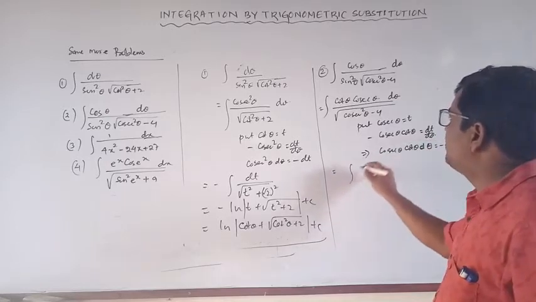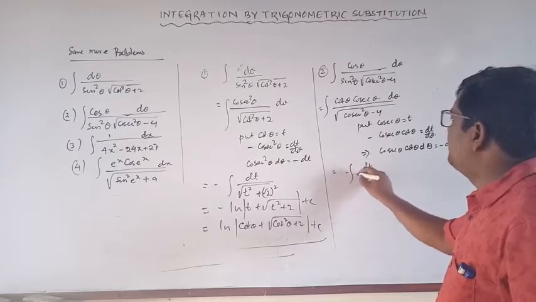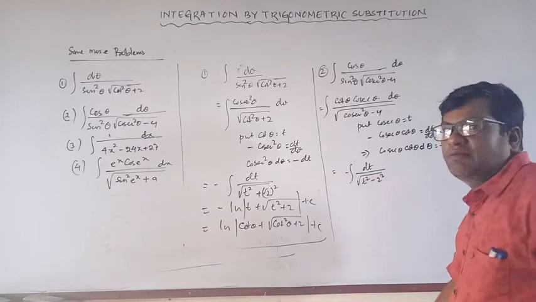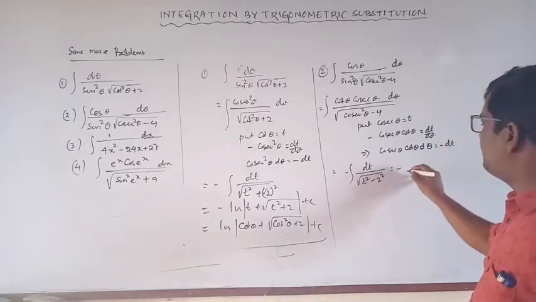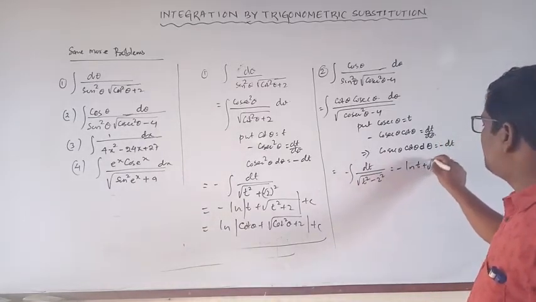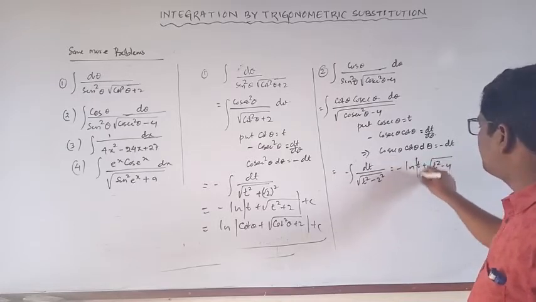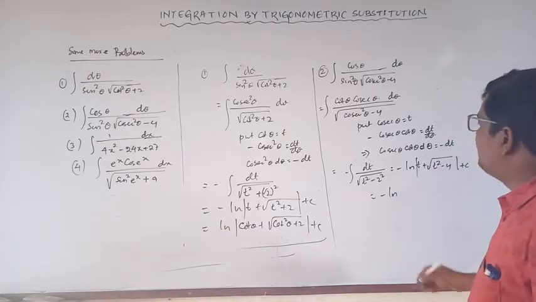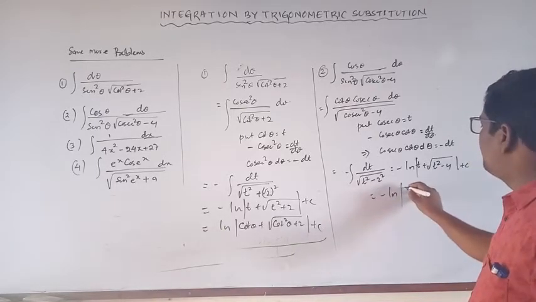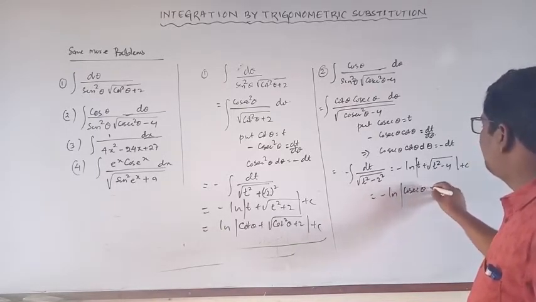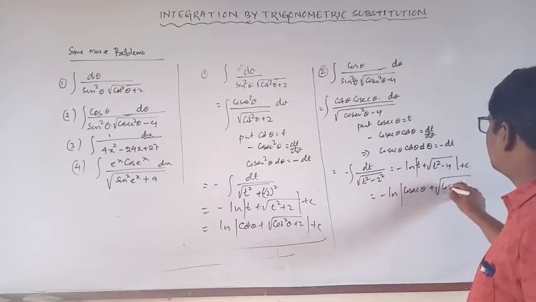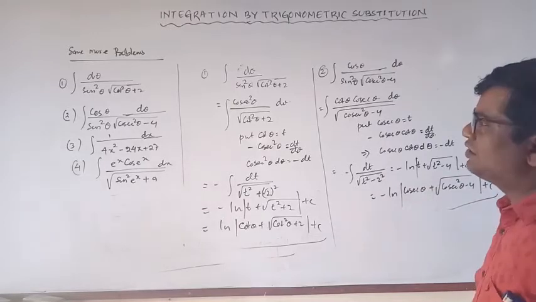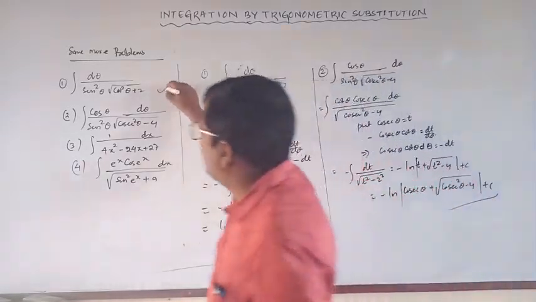So this is equal to minus dt by root over t square minus 2 square. And what is the formula? This is minus of log t plus root over t square minus 4 plus c. T means cosec theta, so the answer is minus log of cosec theta plus root over cosec square theta minus 4 plus c. This is the answer. The solutions of questions number 1 and 2 are completed.